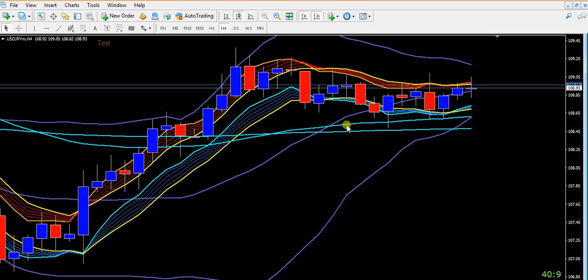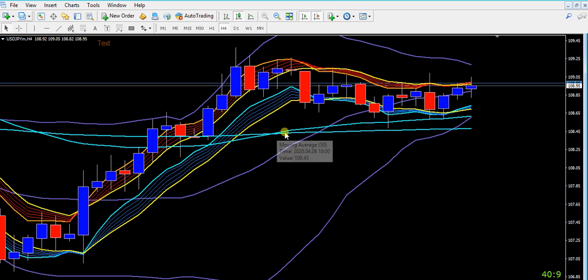Okay, this is 50 and 200, as the border of buyer or seller. We can use this time frame with these moving averages, moving average 50 and 200, of course.